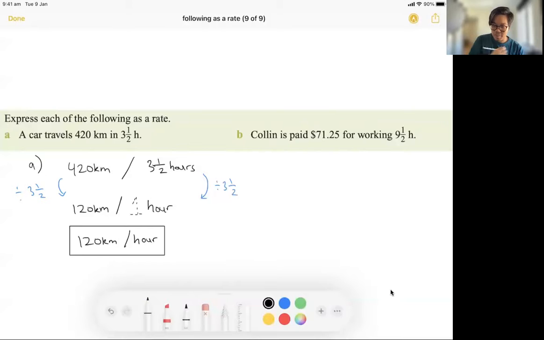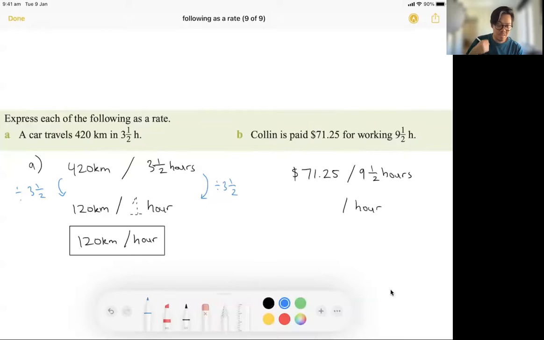Okay, so if we look at the next question here, Colin gets paid $71.25 for working 9.5 hours. So if I was to write this as a rate, it's $71.25 per 9.5 hours. Okay, now notice I'm keeping my units as I'm doing these questions. Now, the simplest way is not to say 9.5 hours, but I just want to find out my dollar per hour rate.